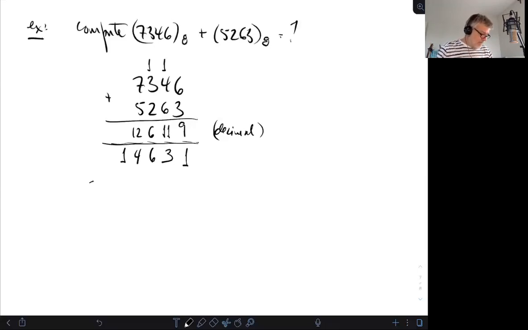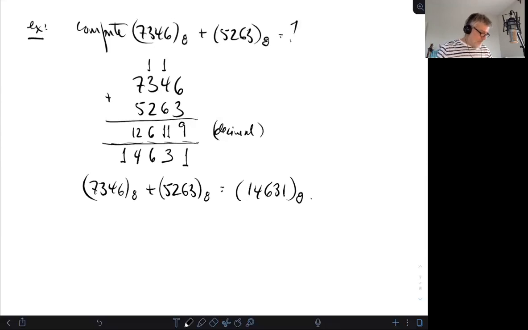So the answer here is 7346 octal plus 5263 octal is equal to 14631 octal. Okay, hopefully that makes sense.